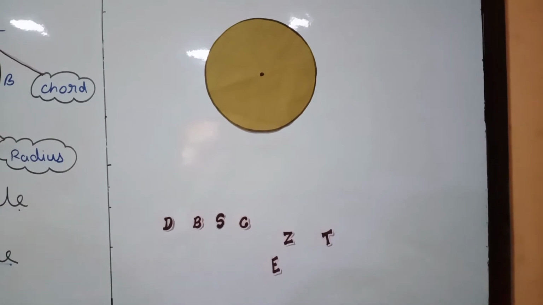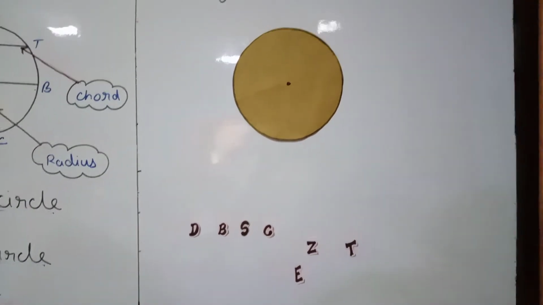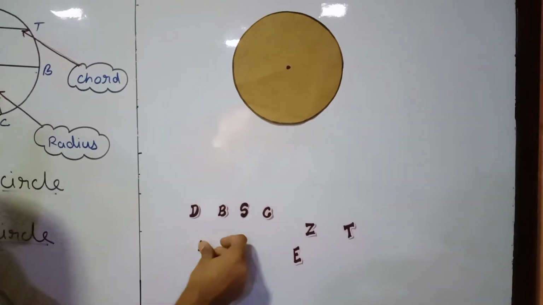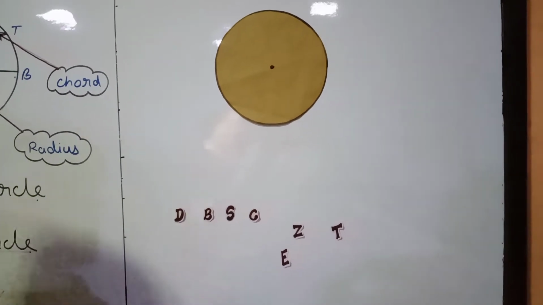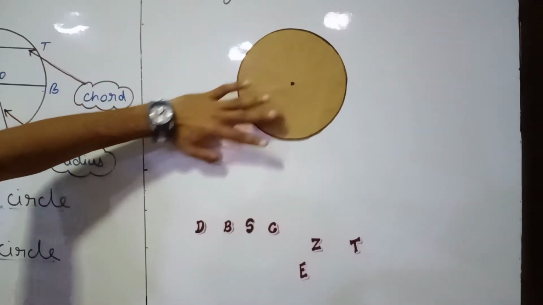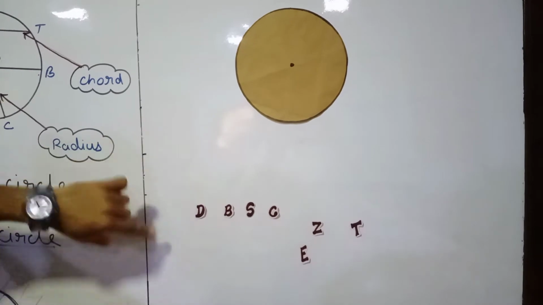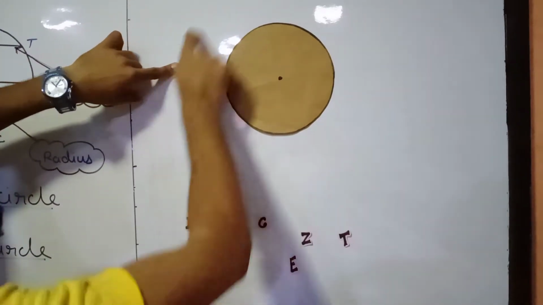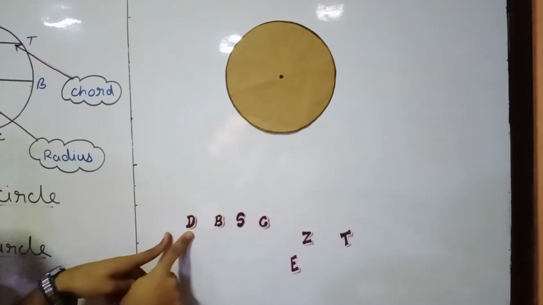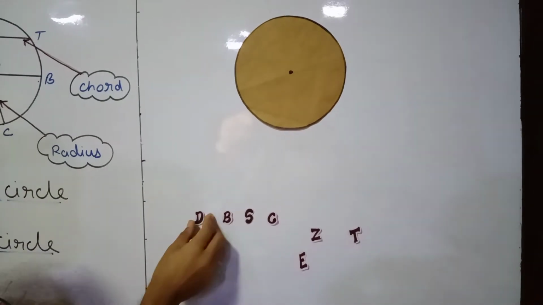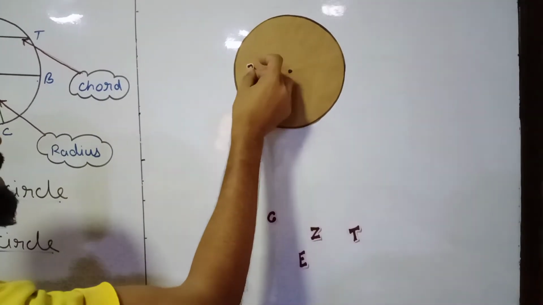Now we want to do an activity with the help of these letters. For the interior part, D we have to put anywhere that should be located in the interior part of the circle. So where do I have to put that?